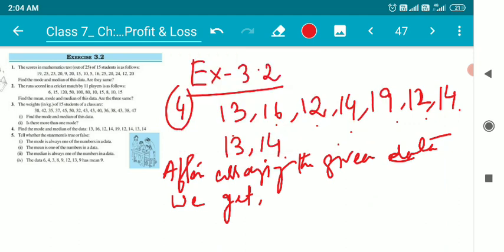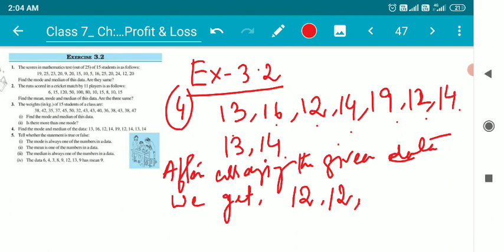We will arrange them in ascending order. Which one is the smallest number over here? The smallest number we can see is 12. After 12, it's 12. How many 12 are there? 1 2, 12 is there.